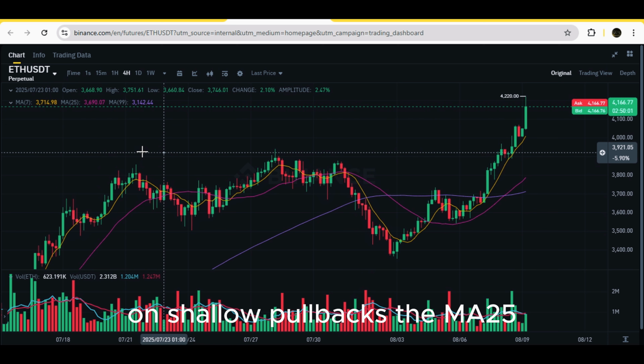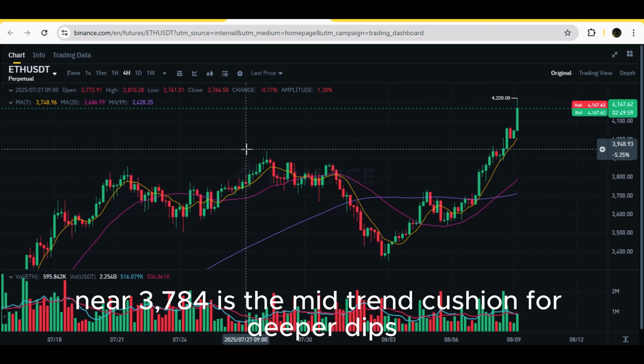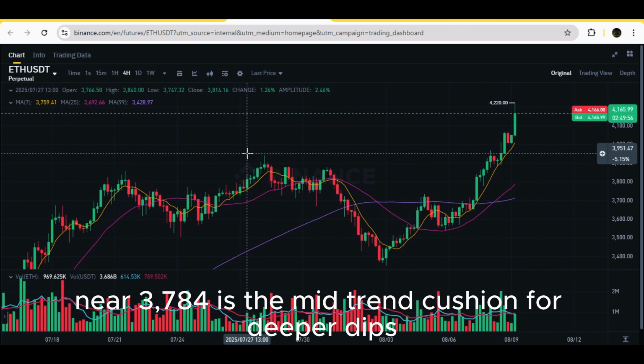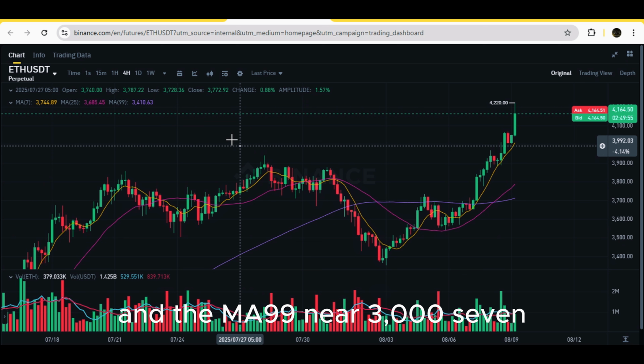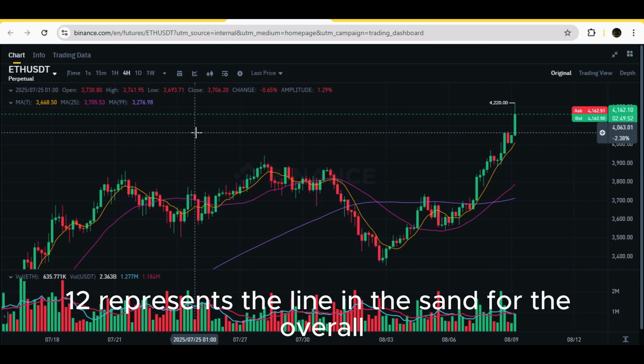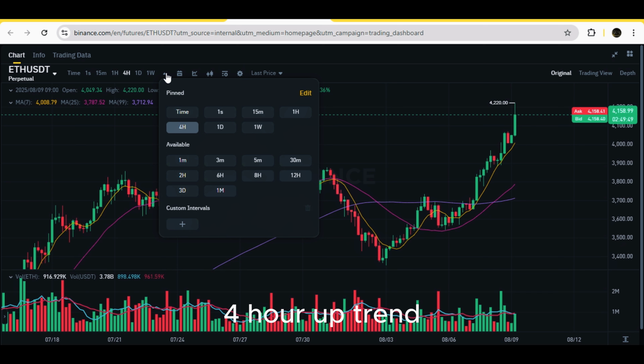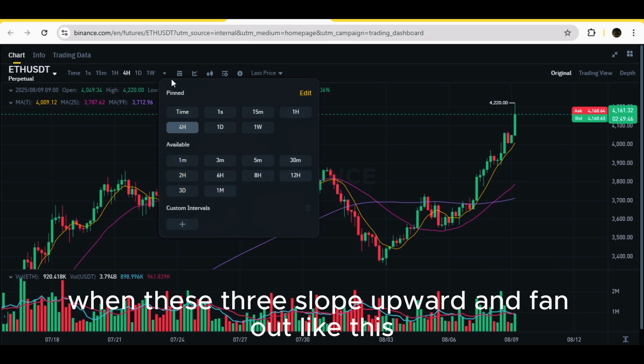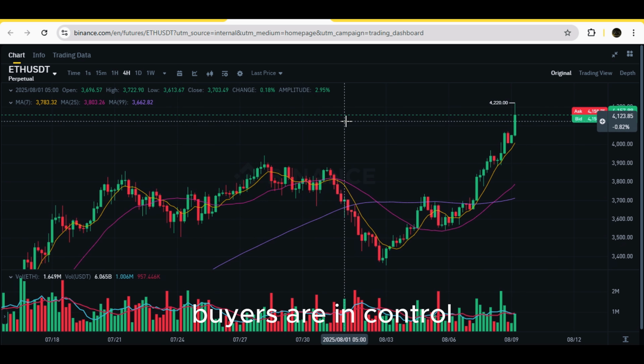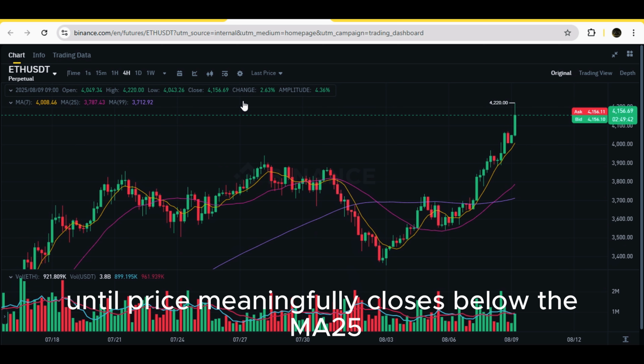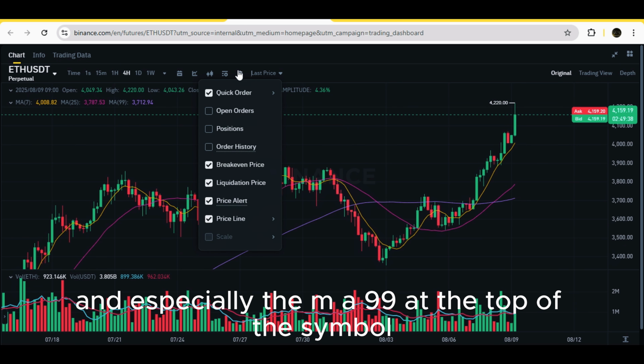The MA25 near 3,184 is the mid-trend cushion for deeper dips, and the MA99 near 3,712 represents the line in the sand for the overall 4-hour uptrend. When these three slope upward and fan out like this, buyers are in control until price meaningfully closes below the MA25, and especially the MA99.